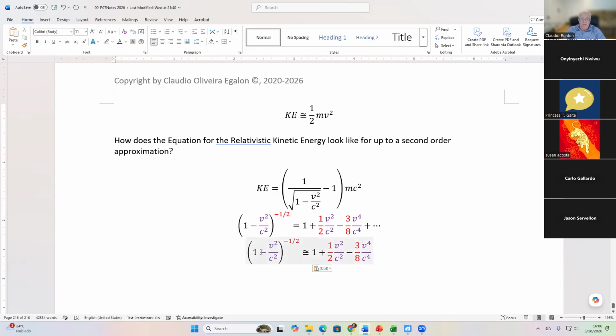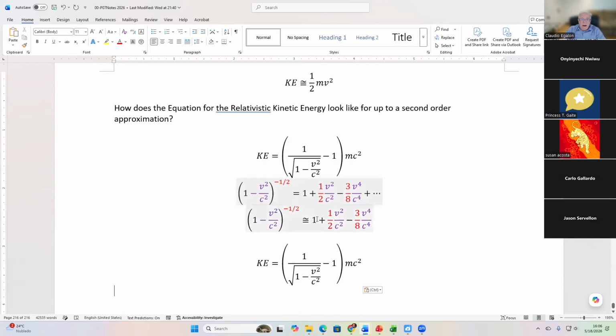And now we substitute that right in here. Let's see how it looks like. And don't forget, we are going to have an approximation here now.